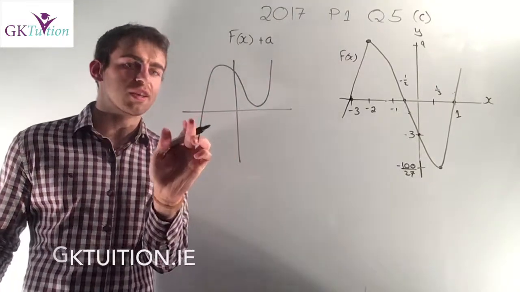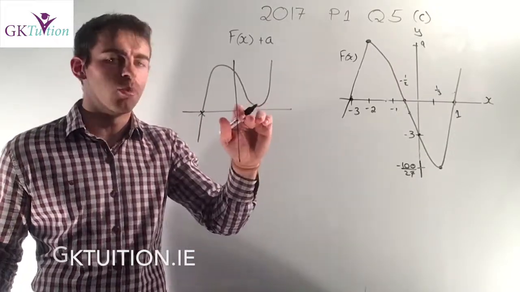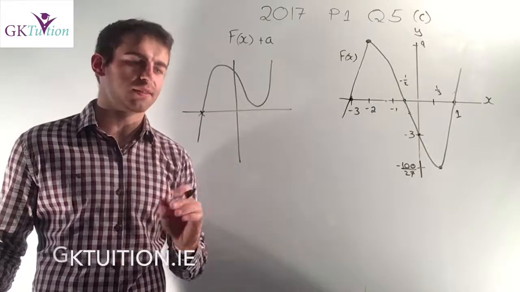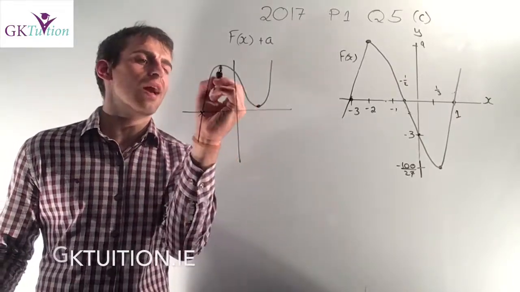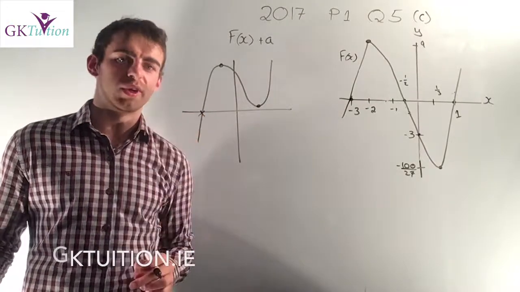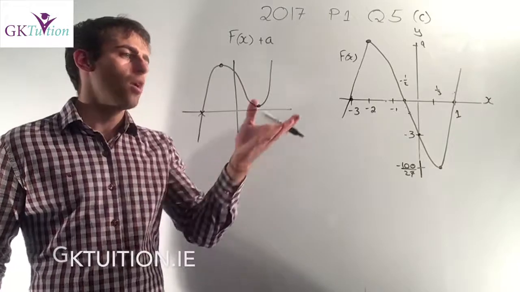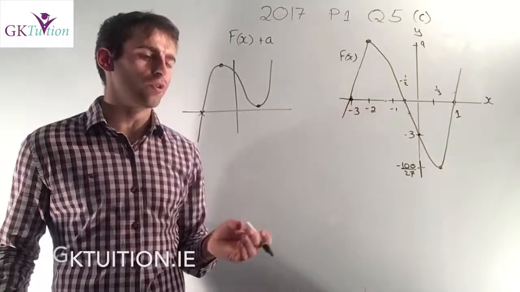It only crosses the x-axis once, and basically the minimum point is above the x-axis. If the minimum point and the maximum point are above the x-axis, that means it only has one real root and 2 complex roots.